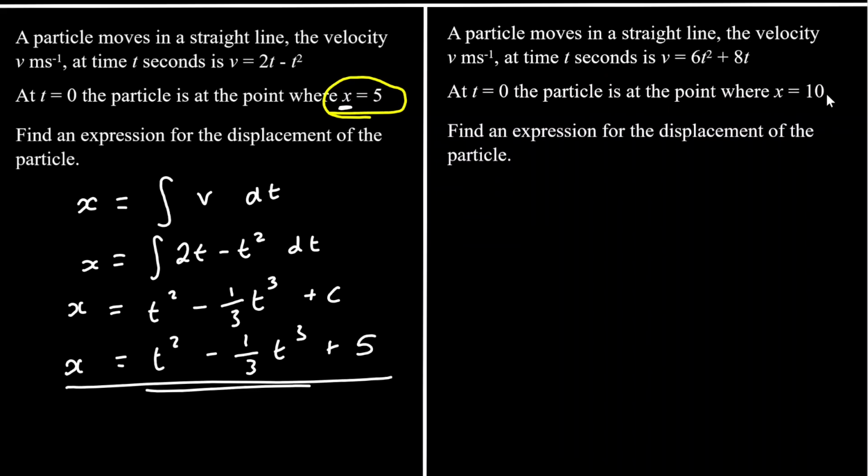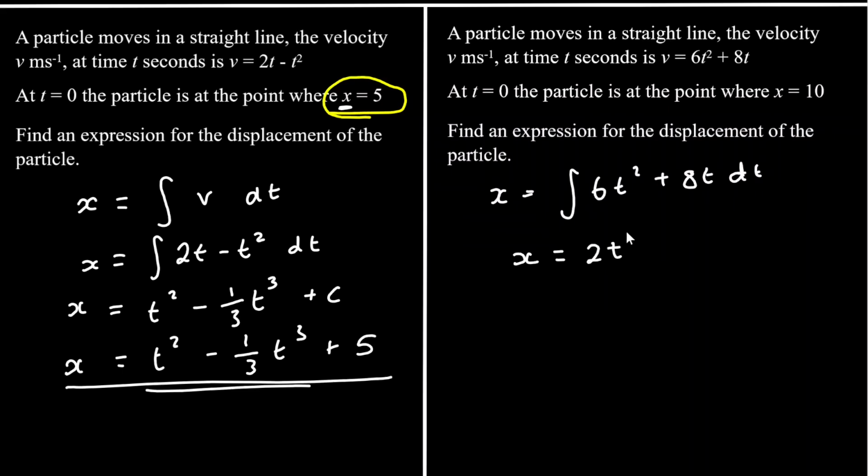So again, we're going from velocity back to displacement. We're integrating. So the displacement is the integral of the velocity with respect to t. So add 1 to the power, divide by the new power.